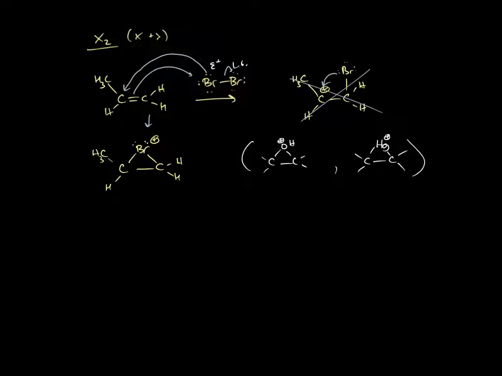Because, just like an SN1 reaction, the leaving group wants to leave, but it's easier to leave the side with more carbons, because it's easier to leave the side with more electrons. And therefore, your nucleophile attacks the side with more electrons.